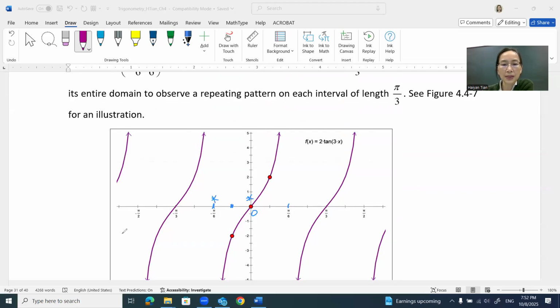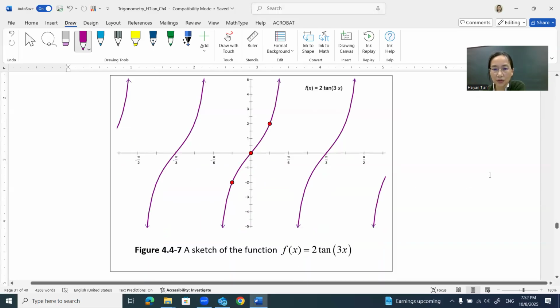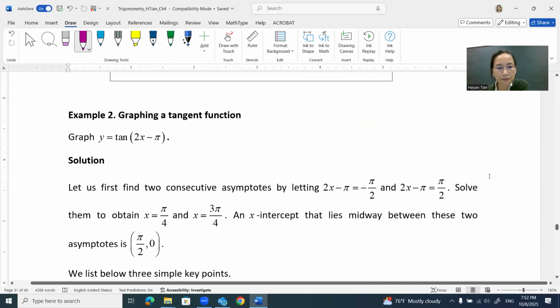And +π/12 is also right in the middle of these 2 points. So the key points are nicely spaced out, with the x coordinates and then the y values simple to calculate.